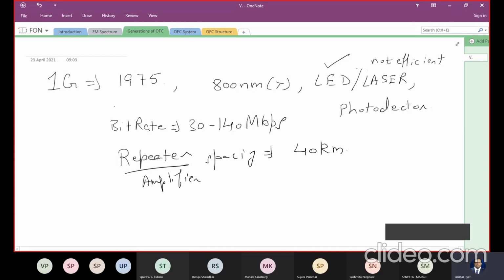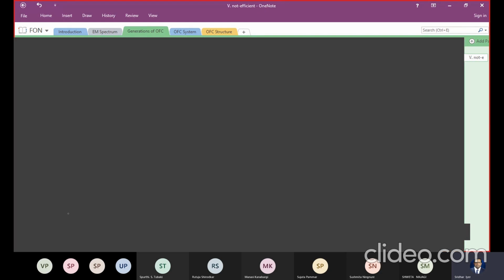That means you could achieve this rate of 30 to 140 Mbps for 40 kilometers, after which the rate fell down and therefore you required an amplifier. So this was still a good system, because less number of amplifiers were required. You required amplifiers only every 40 kilometers. So this is what happened in the first generation.